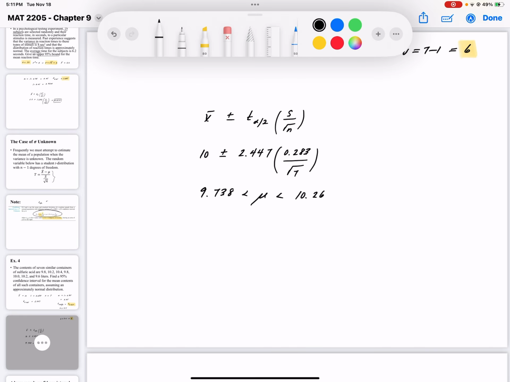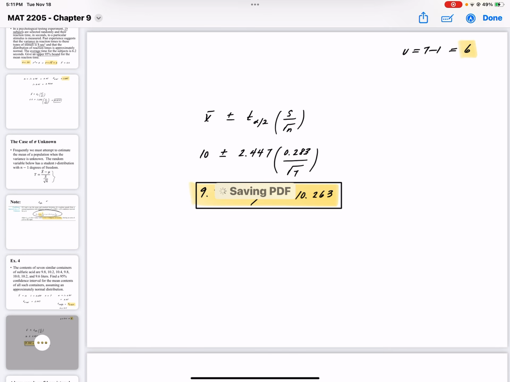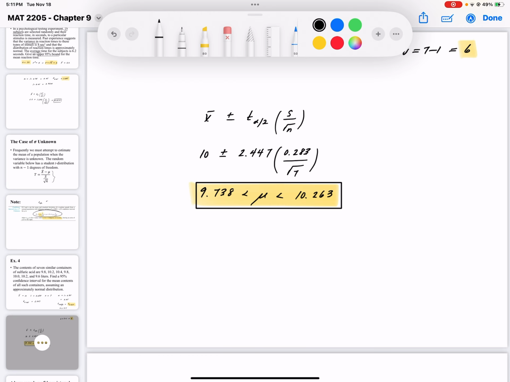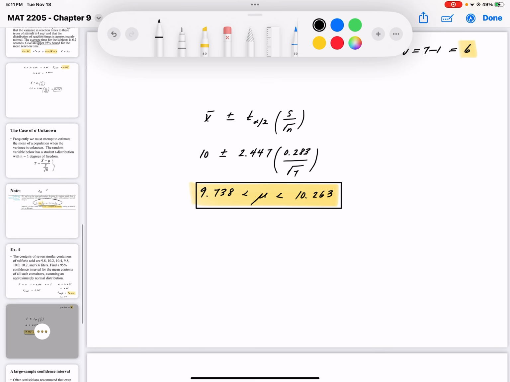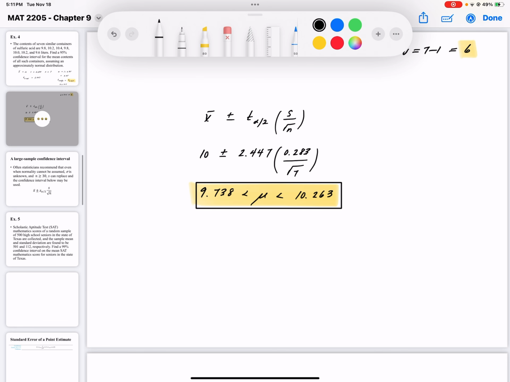And we're done. Okay, that's it. You know, it's pretty straightforward. Chapter 9 is all confidence intervals. I mean, that's the only thing we're going to be doing. Okay, confidence intervals. Let's go on.